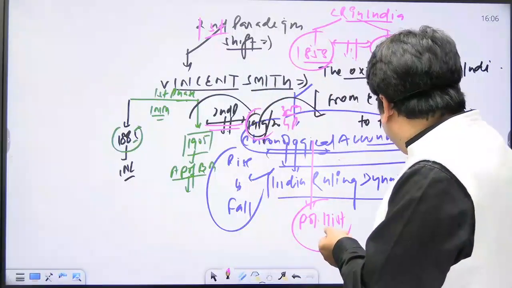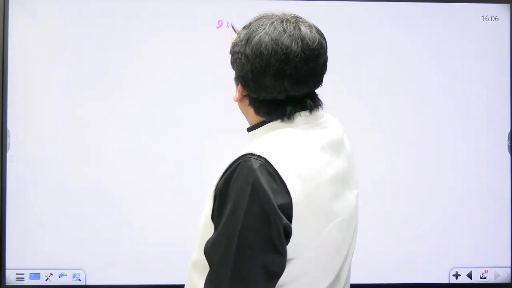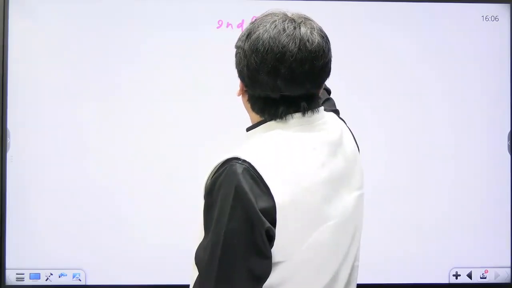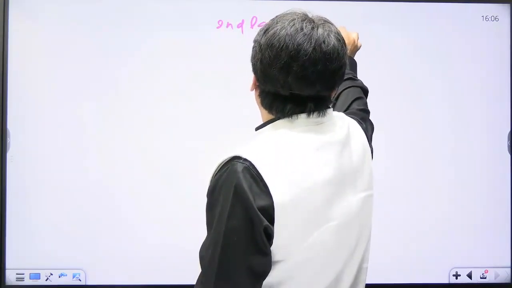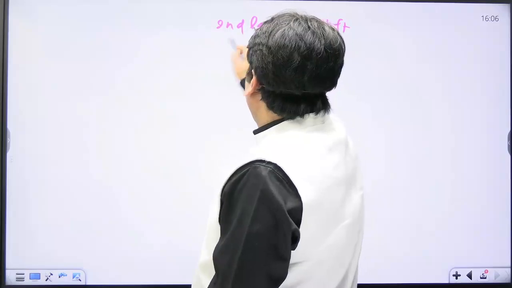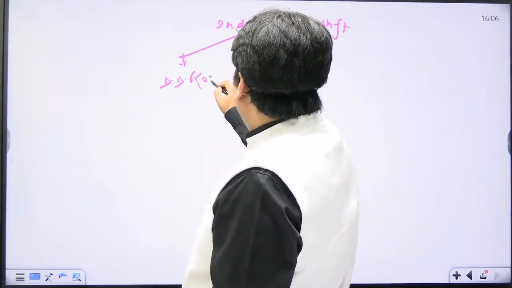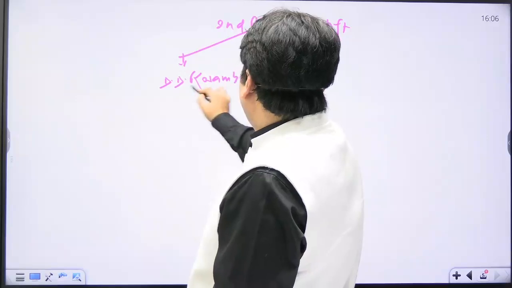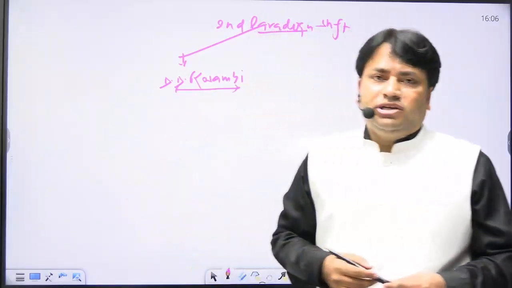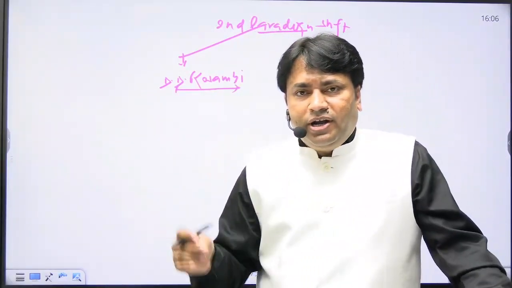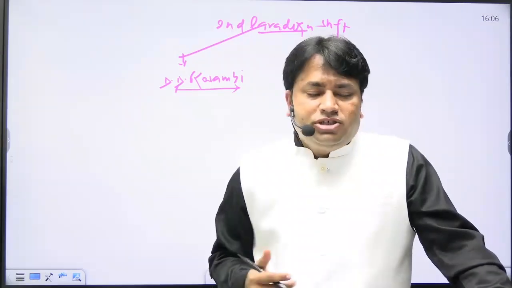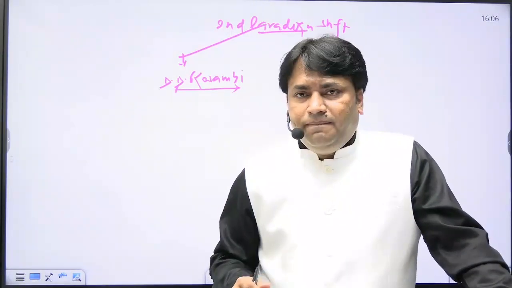Now the second paradigm shift in Indian history writing was seen. There is a historian, the name of this historian is D.D. Kaushambi. This is one of the most important names, and D.D. Kaushambi was a Marxist historian, right?